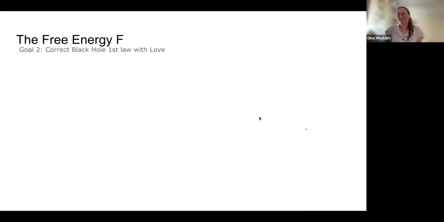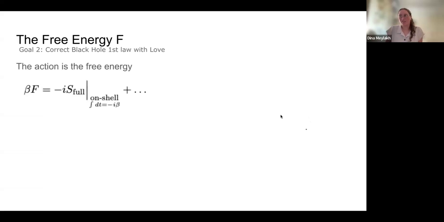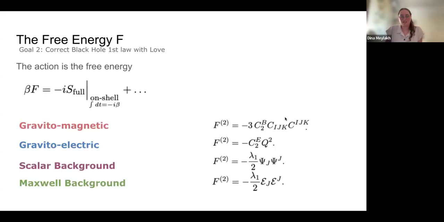So let's discuss the free energy F. Luckily for us, the free energy is just the full action on shell. We have calculated this in the previous slides, and we know the Love numbers, and we can just take its value from the point particle action and get it straight away.